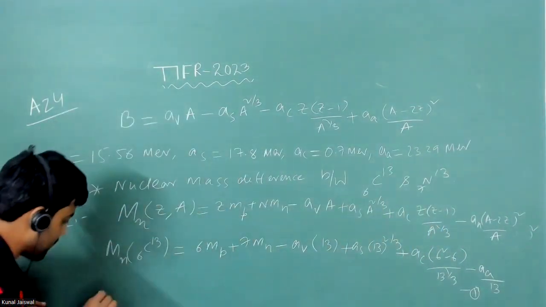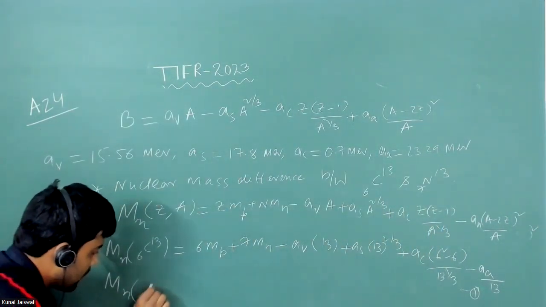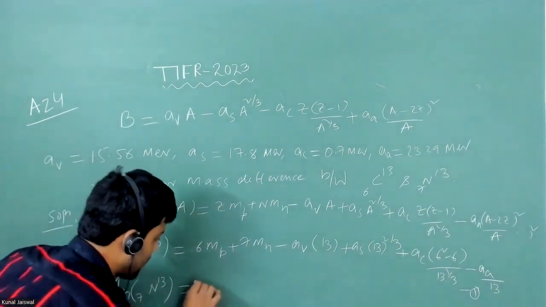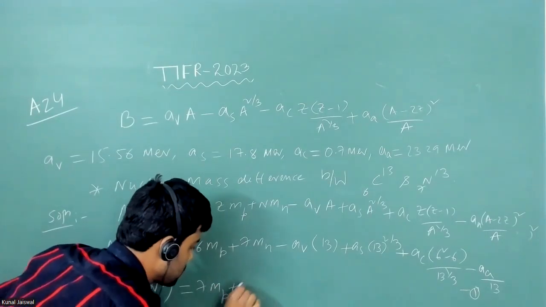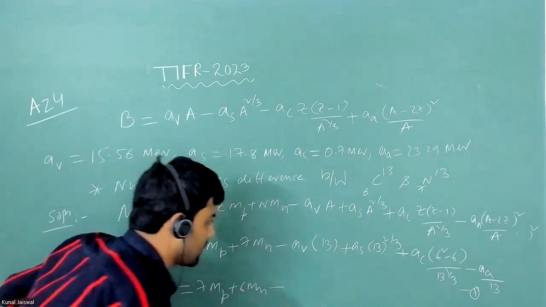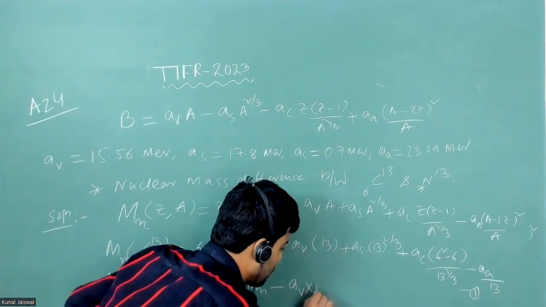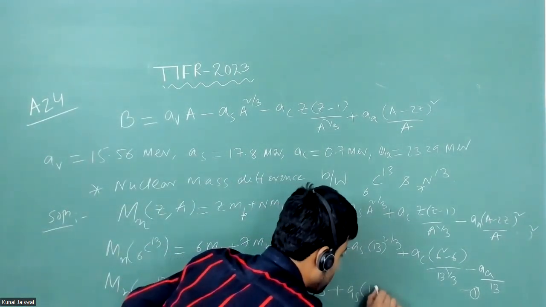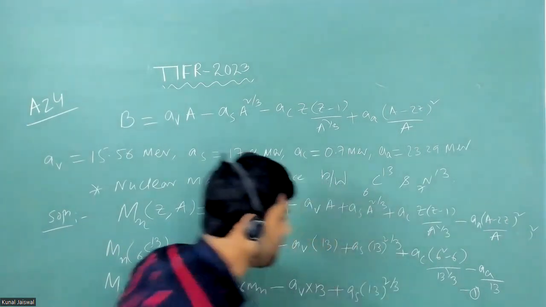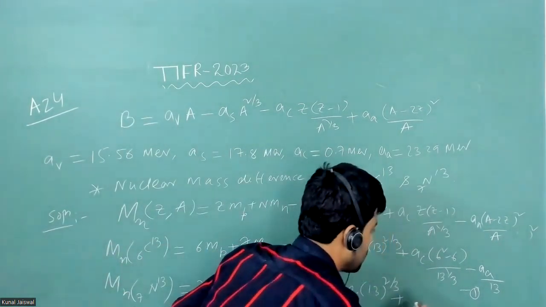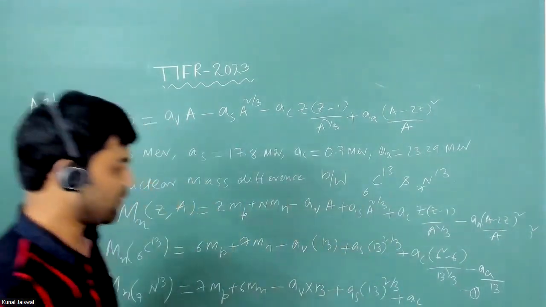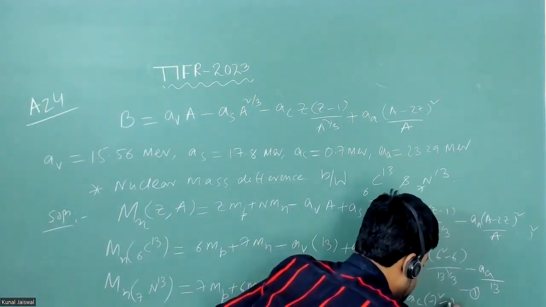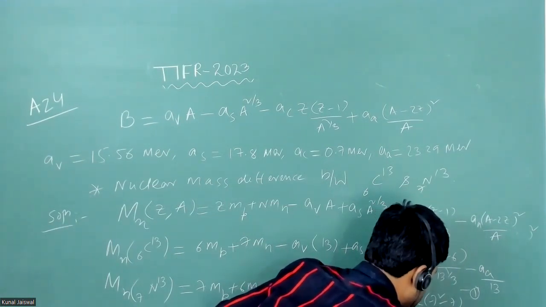Similarly, I can represent the nuclear mass of nitrogen-13 as 7 times the mass of a proton plus 6 times the mass of a neutron, minus AV times 13, the mass number, then the surface energy term, and the Coulomb energy term AC times (7 squared minus 7) divided by 13 to the power 1/3.